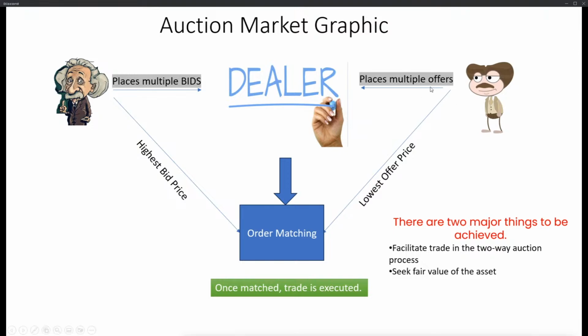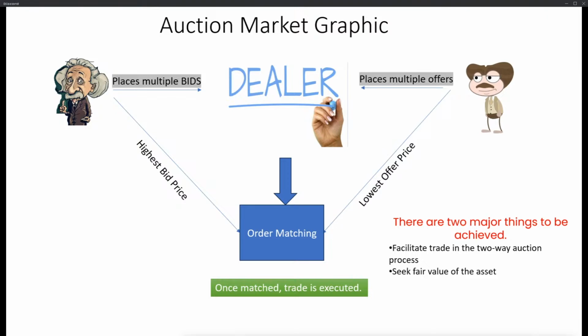If somebody's selling something at $100 and this guy is putting a bid at 90, they're not going to exchange until one of them says, okay, I'm willing to accept 95. Are you willing to give me 95? And if this guy's like, I can do 92, they're still not matching orders. So you need the highest bid and the lowest offer price, and that creates an order. Once it's matched, that's when the trade takes place and it's logged.